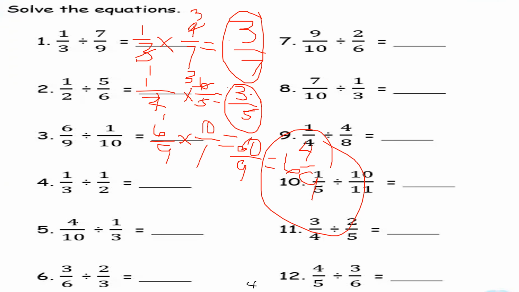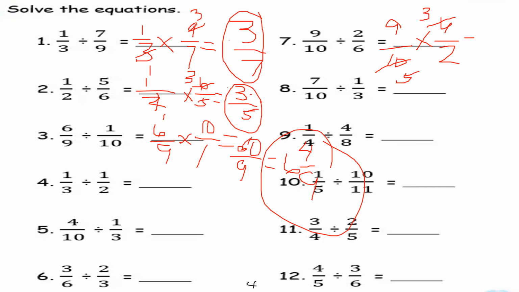Okay, let's have number 7. Because we need the space here. So 9/10 times 6 over 2. So the flip. Then using the cross product, we have the GCF of 6 and 9 is 2. So we have 6 divided by 2 is 3, 10 divided by 2 is 5.